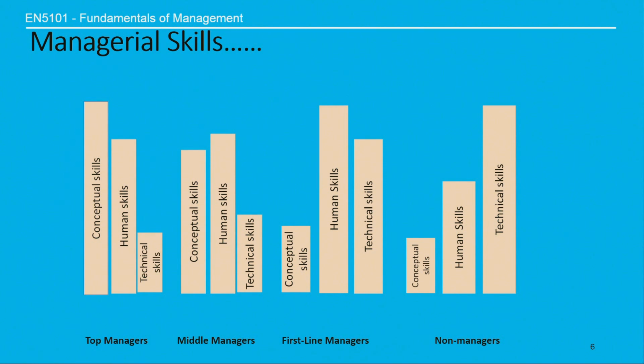Then coming to the first line managers, the supervisory managers, they should not have conceptual skills that much, but they need to have more human skills and technical skills to a significant level. The main reason is that supervisory managers are the people who deal with a large number of lower level people or lower level non-managers, right.